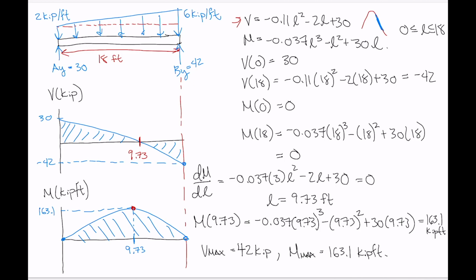So the location where V is 0 gives you the position where the moment is maximum. And we're going to see why that's true in the next lecture when we look at how we graph shear and moment diagrams using the graphical method instead.